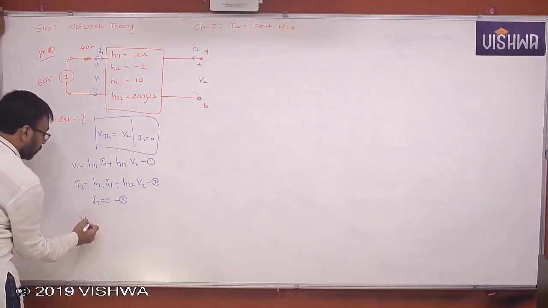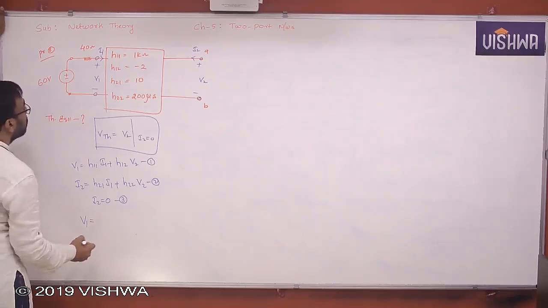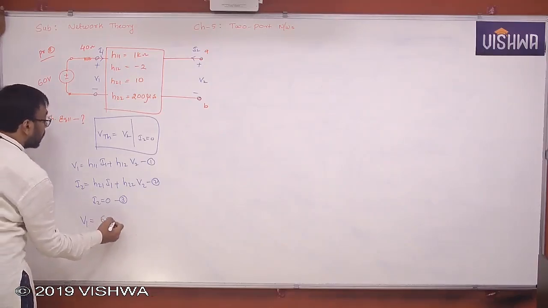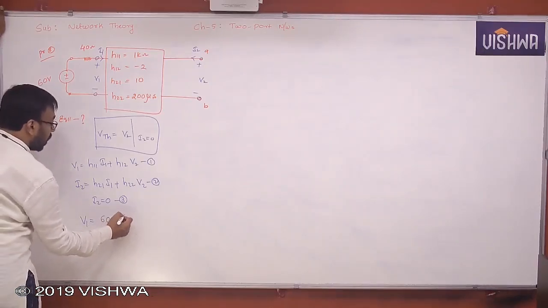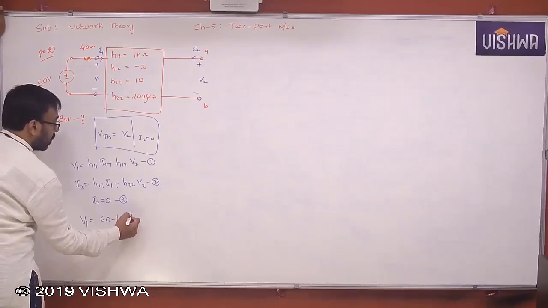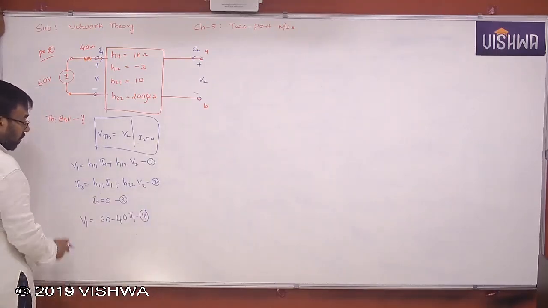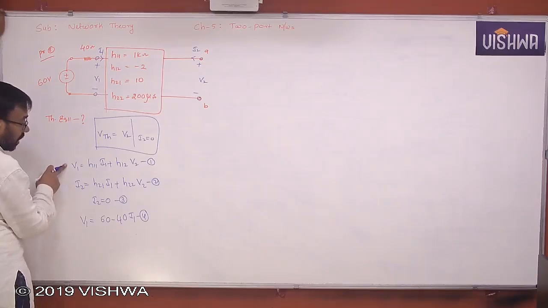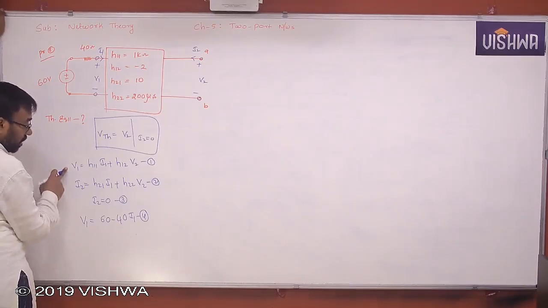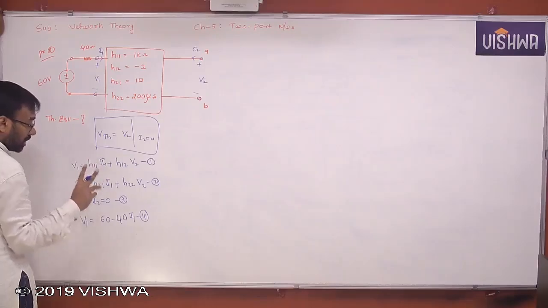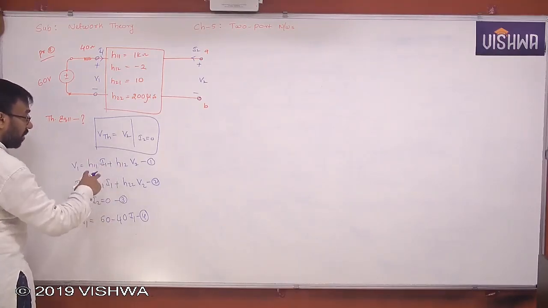V1 is equal to 60 minus 40 I1. I hope you understand this. So if you substitute V1 here, V1 is eliminated. I2 substituted here, I2 is eliminated. Then you get two resulting equations. If you solve them, you will get V2 as well as I1. But you don't need I1.